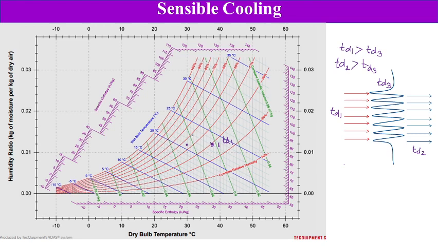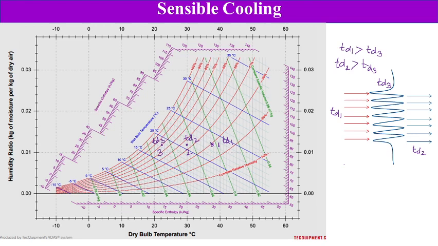The temperature of the cooling coil is, for example, 22 degrees Celsius, which is point 3. So the temperature of the cooling coil TD3 is the lowest temperature.